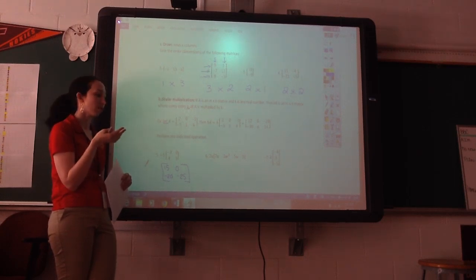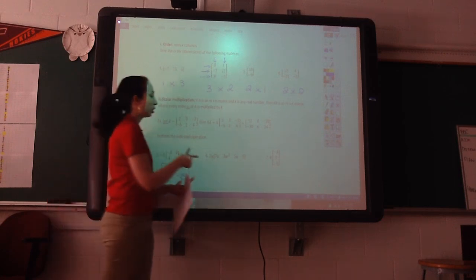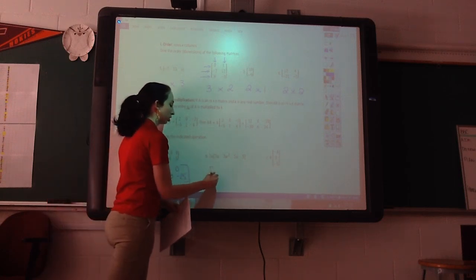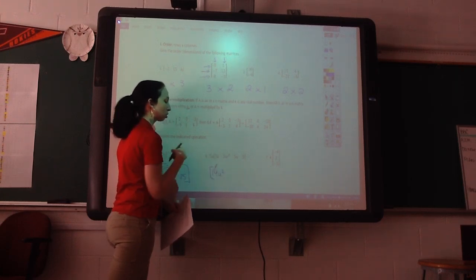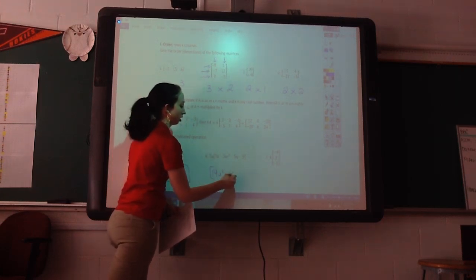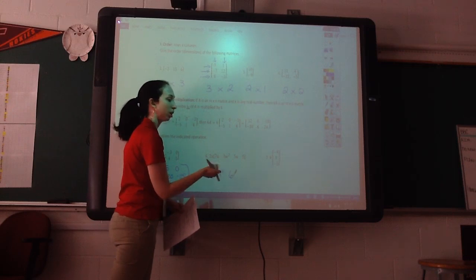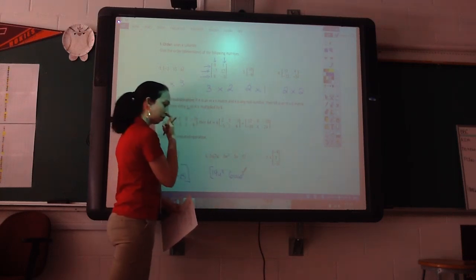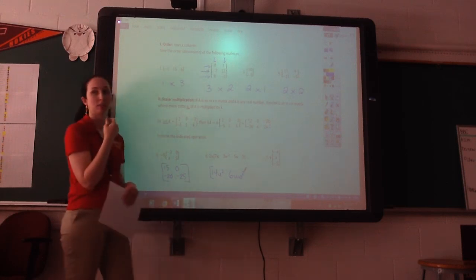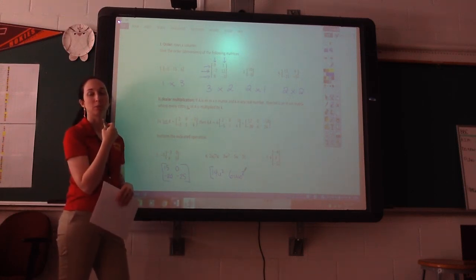Next one's a little different because I got a variable involved. But what's 2u times 7u? 14u squared. 2u times 3w squared. 6uw squared. I would put the u in front just because u comes before w in the alphabet. Can I do it the other way though? I don't typically like that alphabetically.